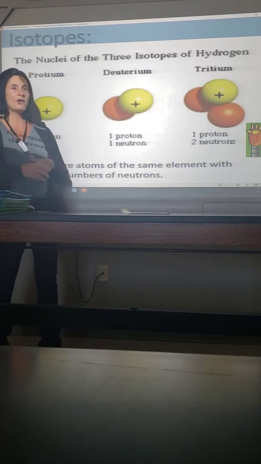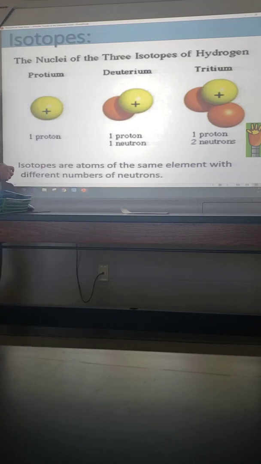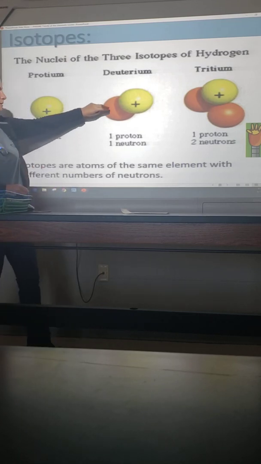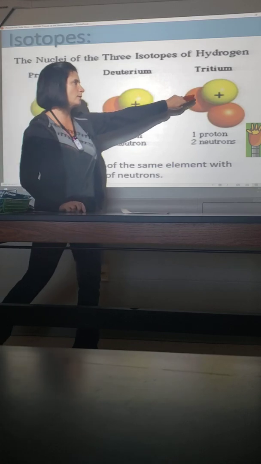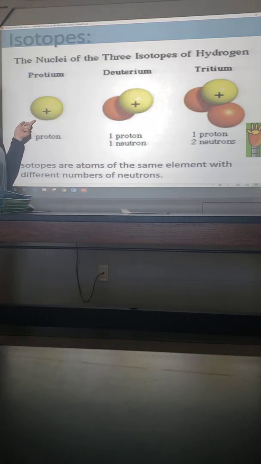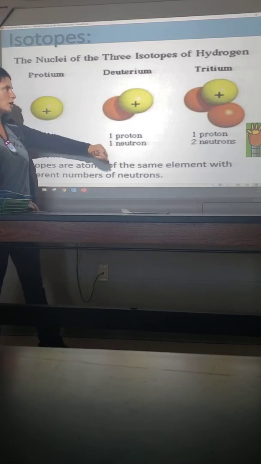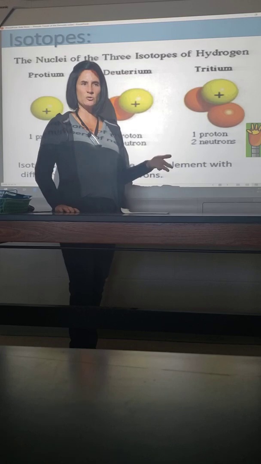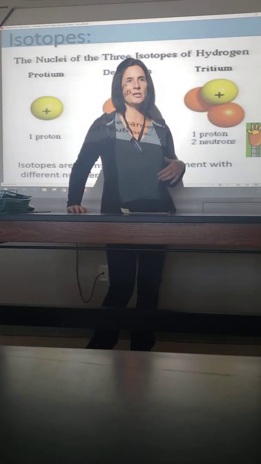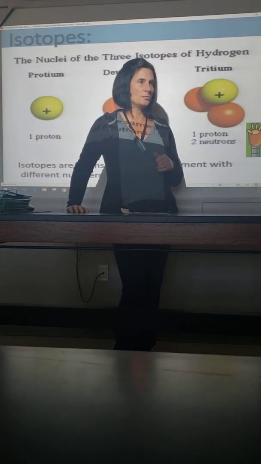If I add 1 more, now I have lithium, okay? So here's 1 proton, and 1 proton, and 1 proton. Here, there's no neutrons at all, which is a thing. This is called protium. This is deuterium, where it has one neutron, and this is tritium. It's just special names for these hydrogen isotopes.